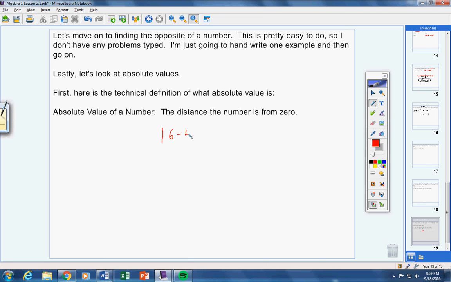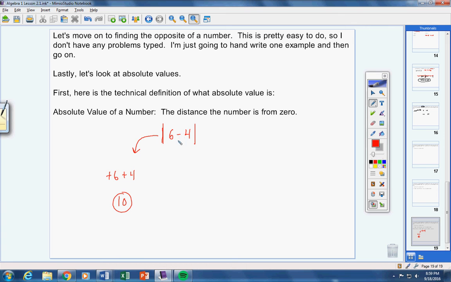Now let's take it a little further. What if I said find the absolute value of 6 minus 4? Now here's what a lot of students do, and this is wrong. They make the 6 positive, they make the 4 positive, and they get 10 for an answer. Now that's not correct. Let me say that again. That is not correct. You first simplify this down to one number and then find the absolute value of it.